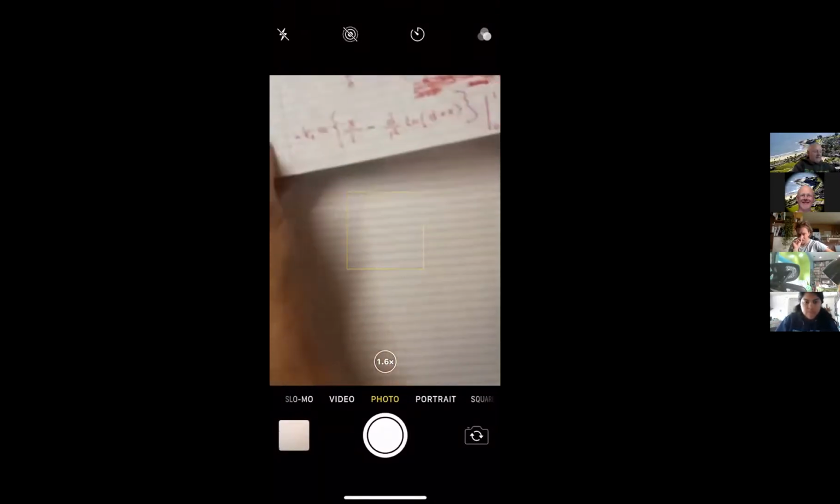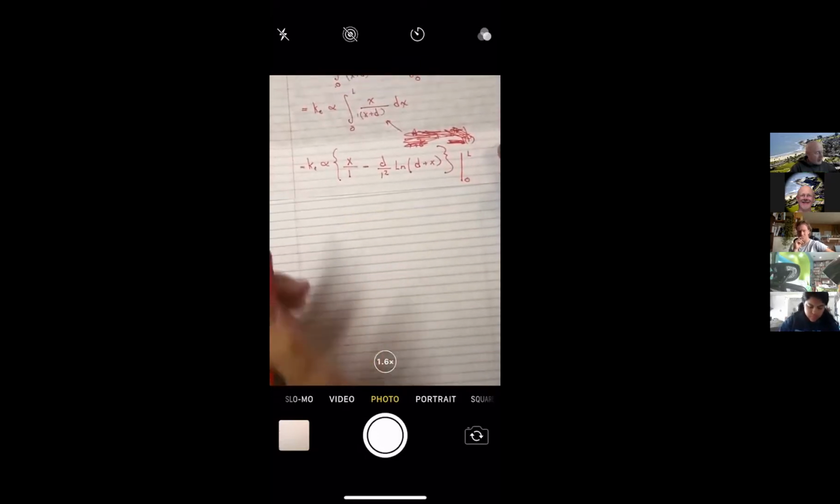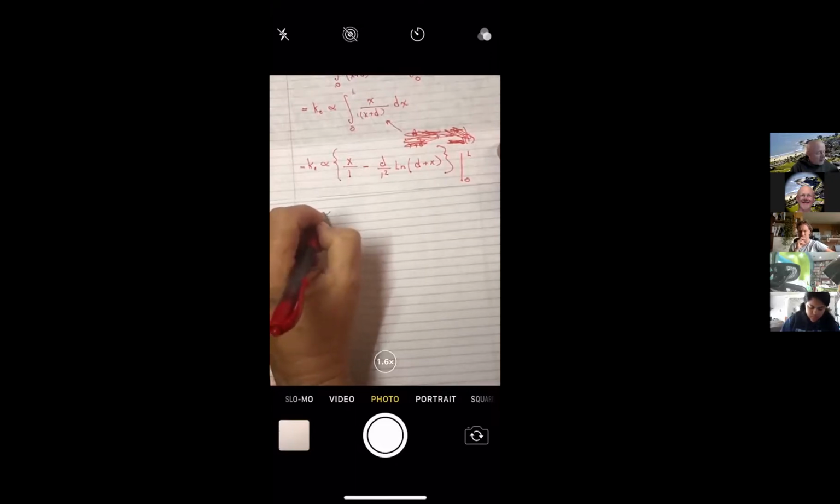So then, continuing on, this would be Coulomb's constant alpha.